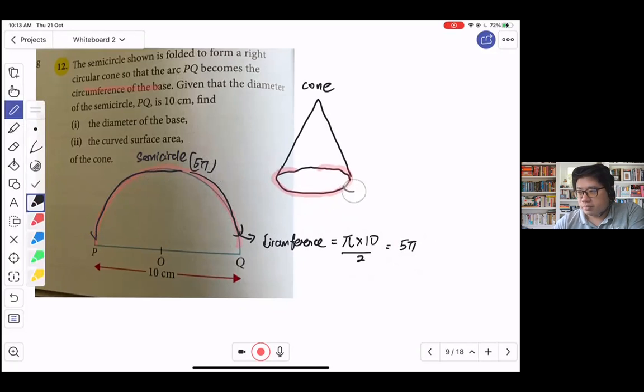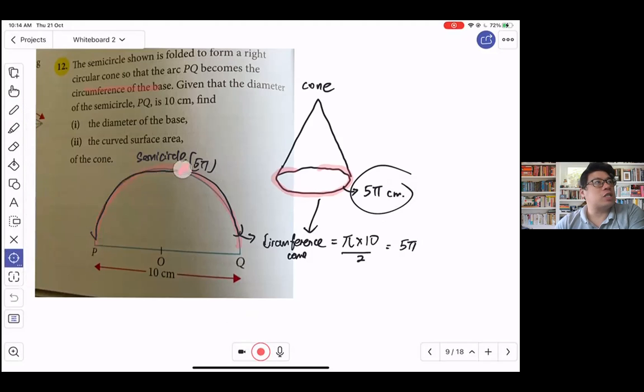So it tells you that the circumference of the base of the cone is also equal to 5 pi. So if you know that this is 5 pi, it also means that this is 5 pi because you're connecting this length together. Okay, now this 5 pi represents the circumference of the cone.